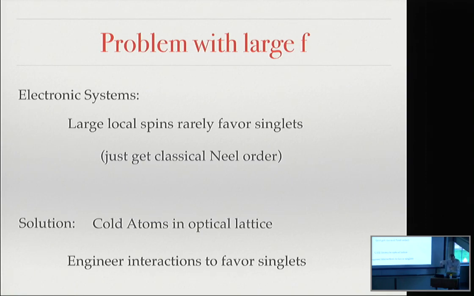And so you just make small changes to your spin, and that tends to make them look very like classical spins. So we're looking for a large spin system which is not just turned into classical guys sitting there. Okay? And so that motivates trying to think about cold atom systems and trying to engineer something there.